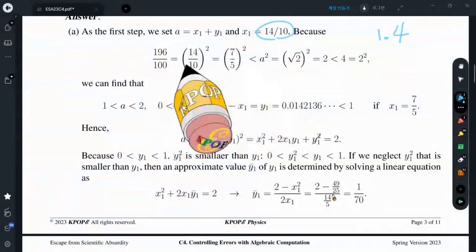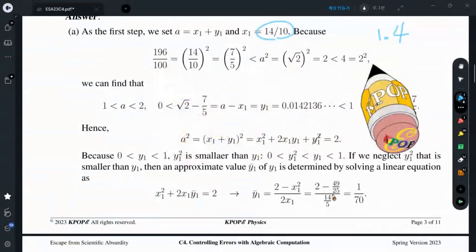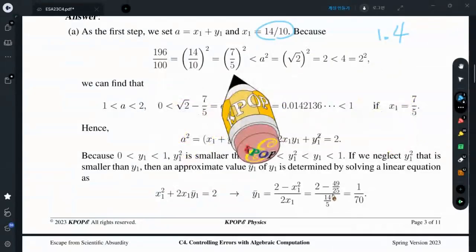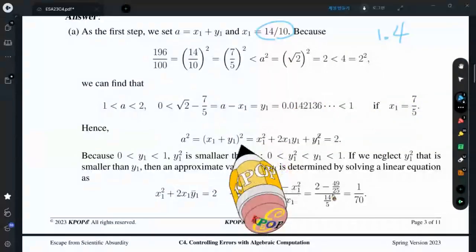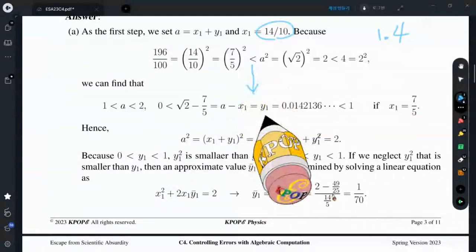At least it is not the exact square root of 2. Its square is a little bit smaller than 2. Therefore, it is a little bit smaller than the genuine value. So we have this inequality to find that there is some error.